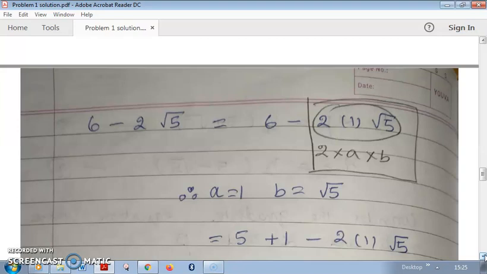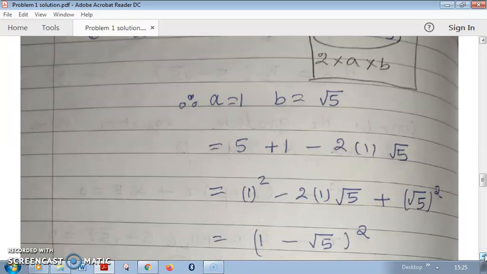So you can visualize that. So you can write 6 minus 2 into 1 into root 5 as similar to a square minus 2ab plus b square. So what is a? a is 1, b is root 5. So 6 can be split into two parts, 5 plus 1, right? 5 plus 1 minus 2 into 1 into root 5.